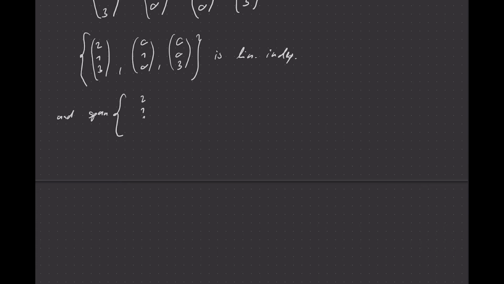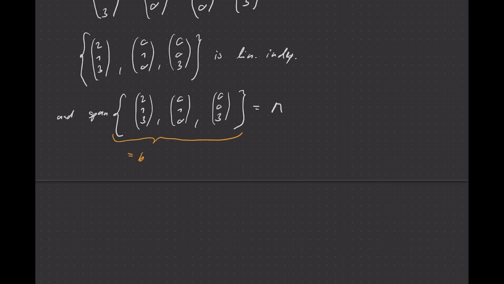We didn't change the span with our operations because we only took linear combinations within that set and recombined the vectors that we have. The span is still M. So this here is a basis of M. And therefore the dimension of M is the cardinality of the basis. The dimension of M is 3.